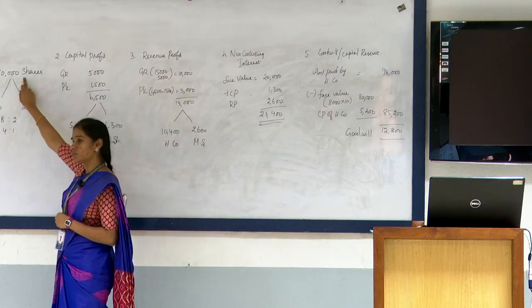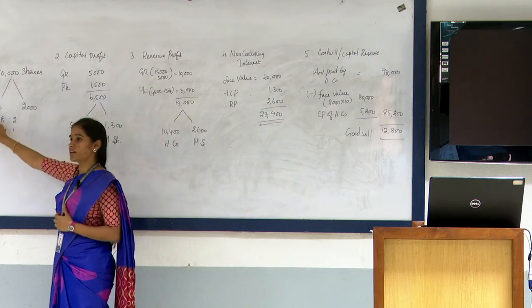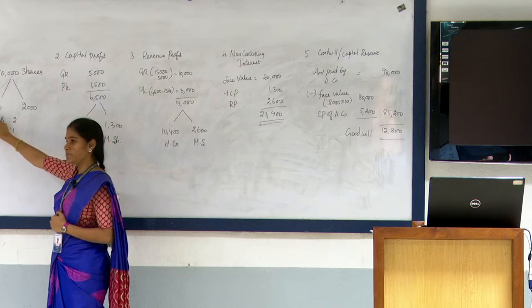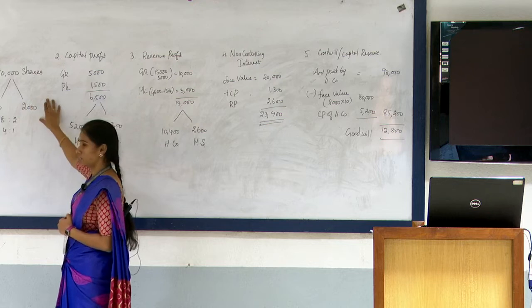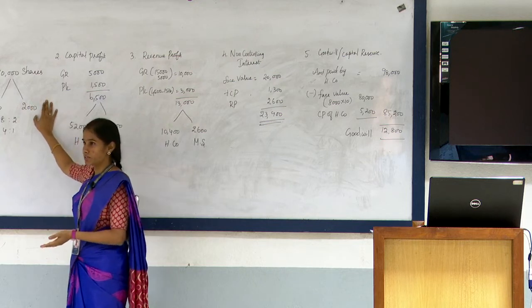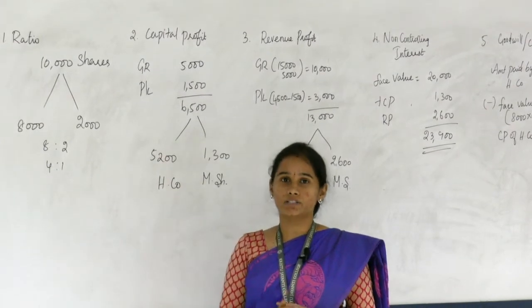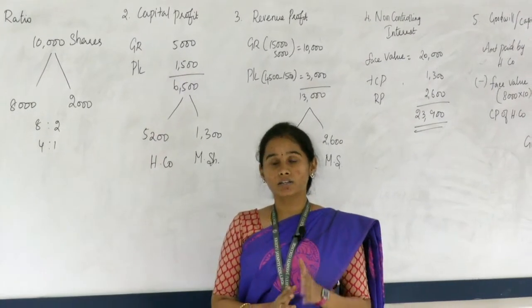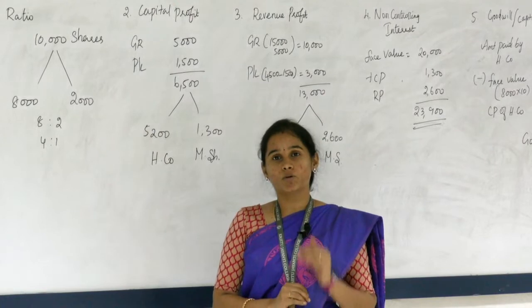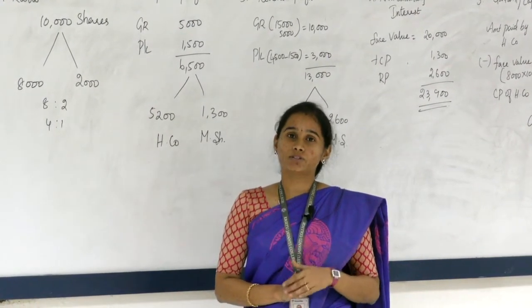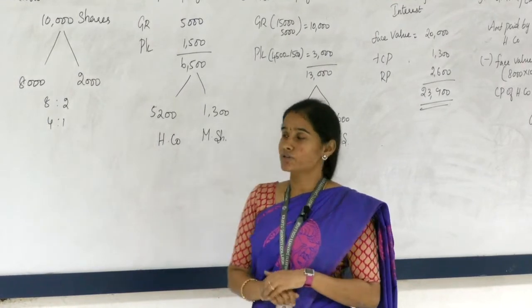In those 10,000 shares, 8,000 shares are acquired by the holding company. That means the balance 2,000 shares are held by the general public. In the process of preparing a consolidated balance sheet, the ratio of holding is very important, as it will be useful to distribute profits.